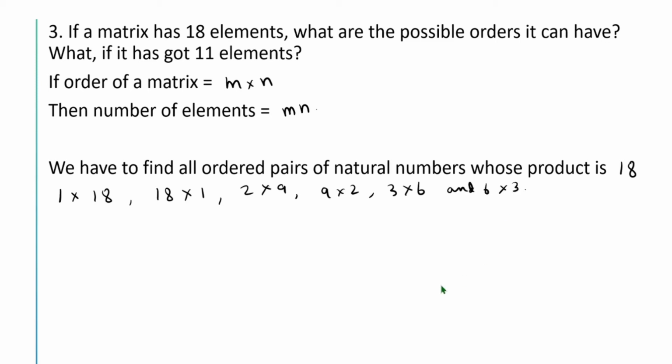So we can have matrices of orders 1 by 18, 18 by 1, 2 by 9, 9 by 2, 3 by 6 and 6 by 3. So these are the various orders of matrices if a matrix should have 18 elements.